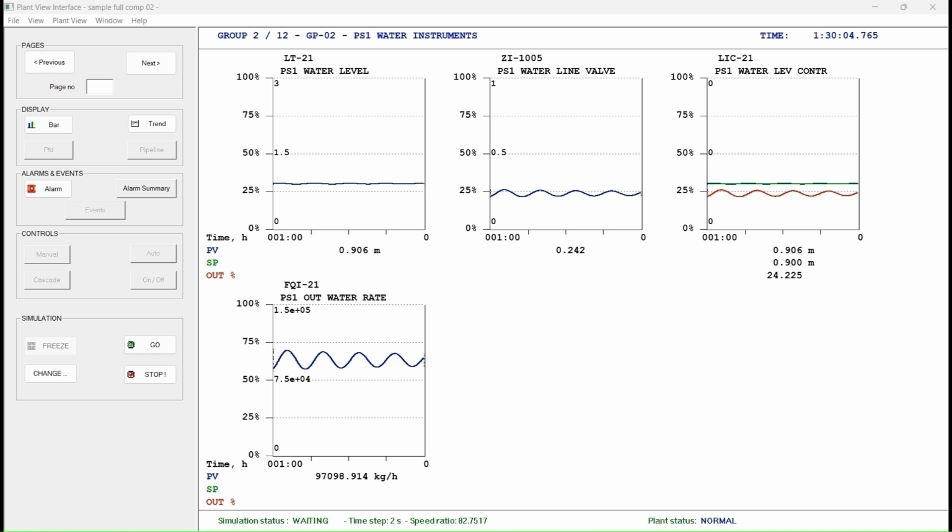At 1 hour and 30 minutes, the simulation re-enters the waiting state so instrument values and controller parameters can be browsed.